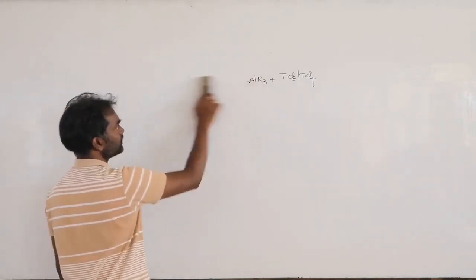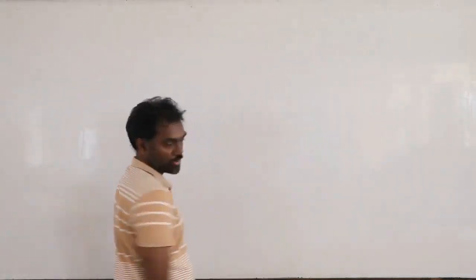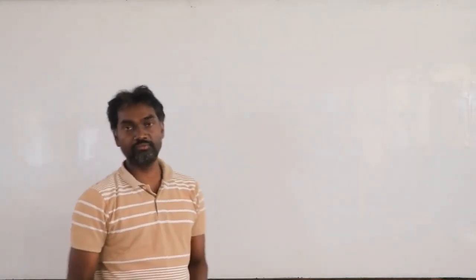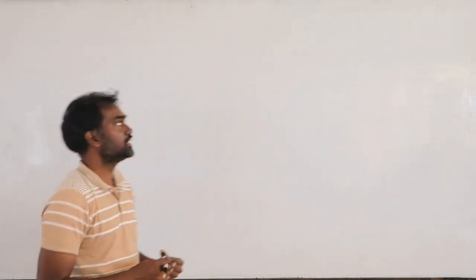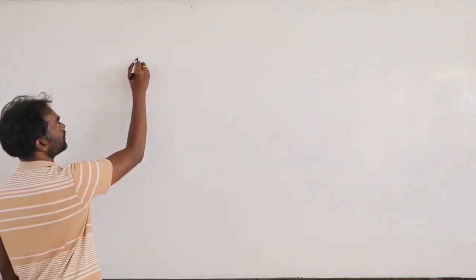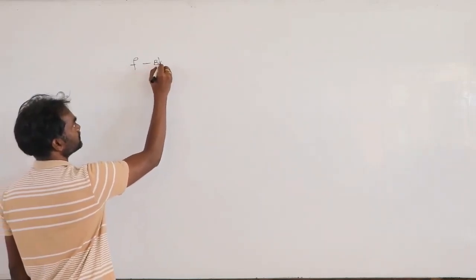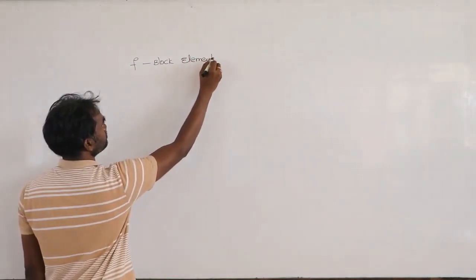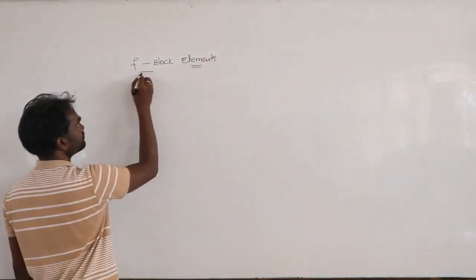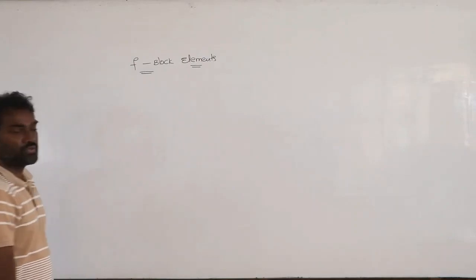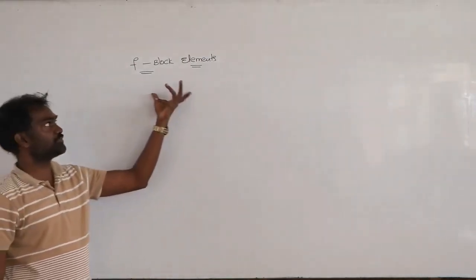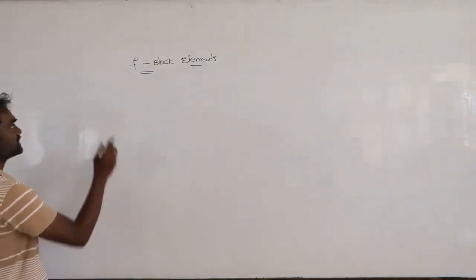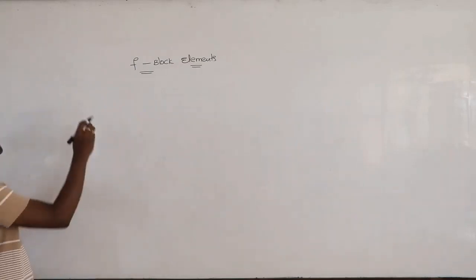Next, in this subtopic also there, that is the F block elements. So D and F both are one chapter only. So our next topic is F block elements. See, first of all, definition. How to tell the F block elements definition? This is depending on electronic configuration.